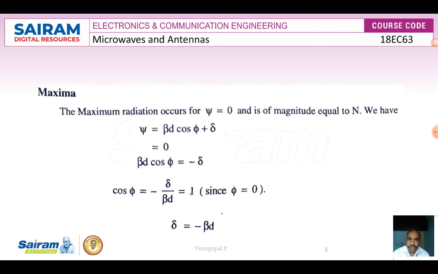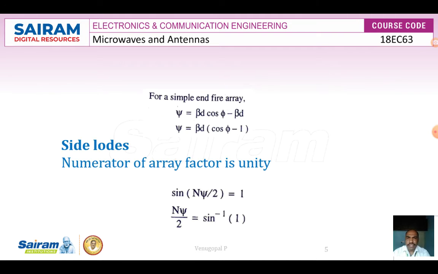When phi is equal to 0, cos 0 is equal to 1, which implies that minus delta by beta d is equal to 1. That implies delta is equal to minus beta d. Now substitute delta equal to minus beta d in the expression of the phase difference. You will get xi is equal to beta d cos phi minus beta d, and taking beta d common, you will get the phase difference for the simple endfire array as beta d into (cos phi minus 1).